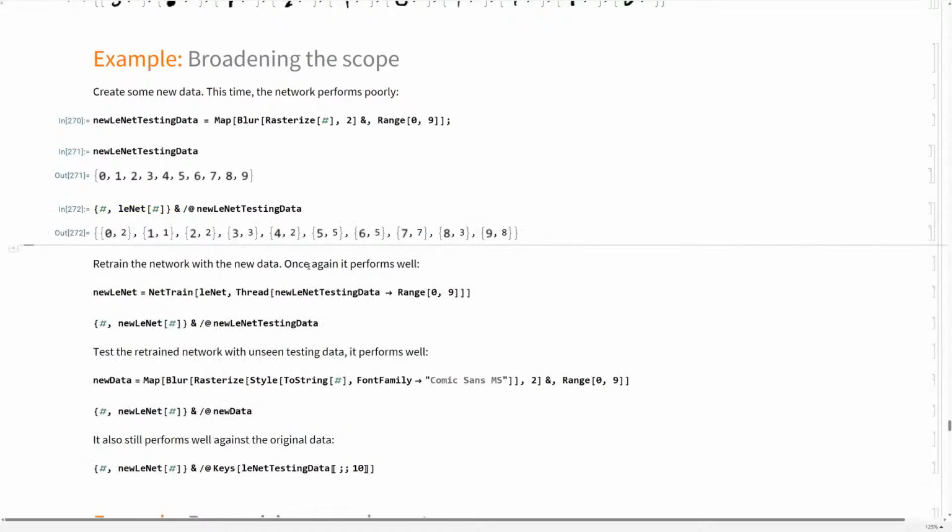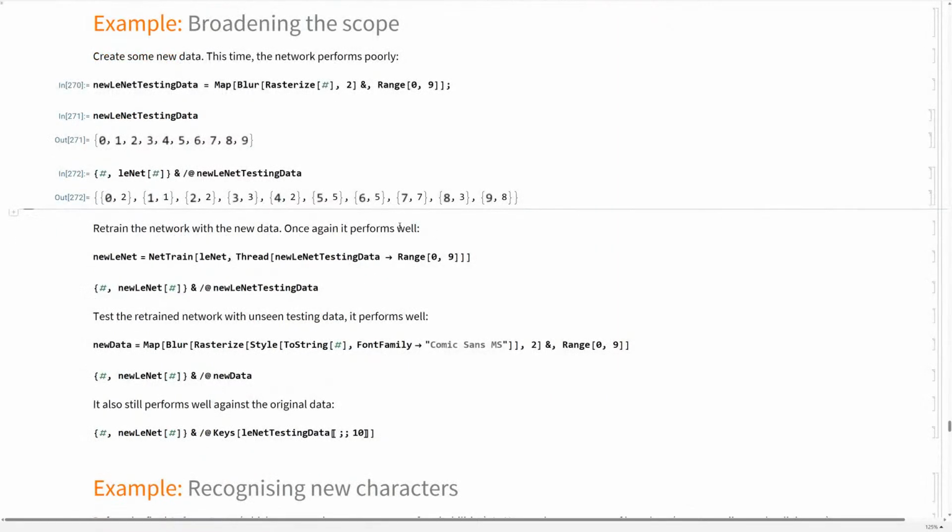This time I asked LeNet to recognize this, and it's doing a pretty bad job. This 0 was recognized as a 2, and about half of them are not accurate. What does it mean? It means that our LeNet was not trained for this purpose.